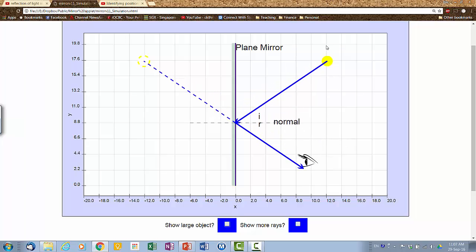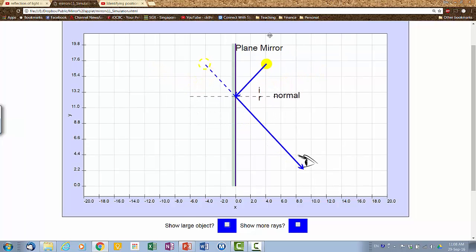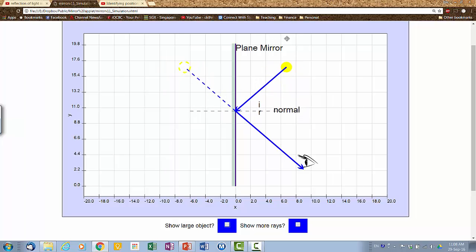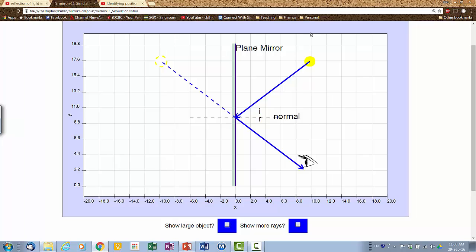Only when you shift the position of the object do you find that your image moves. But you realize that the angle of incidence is always equal to the angle of reflection.